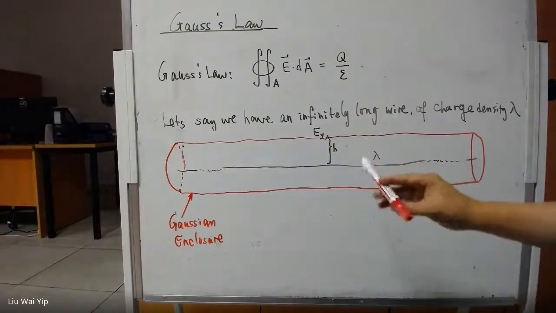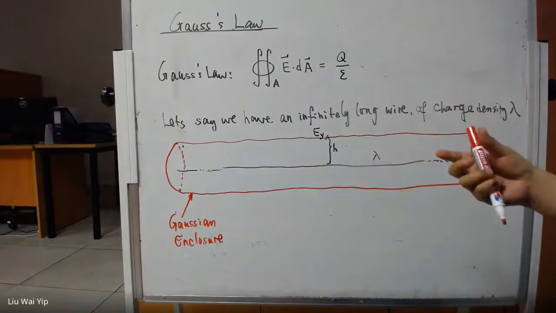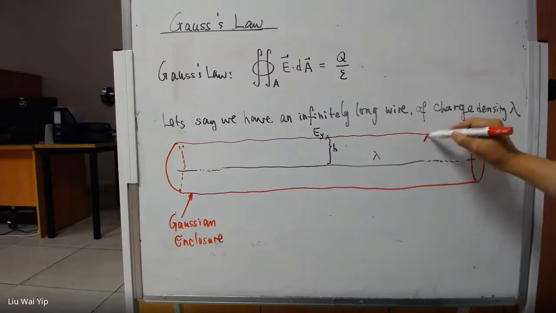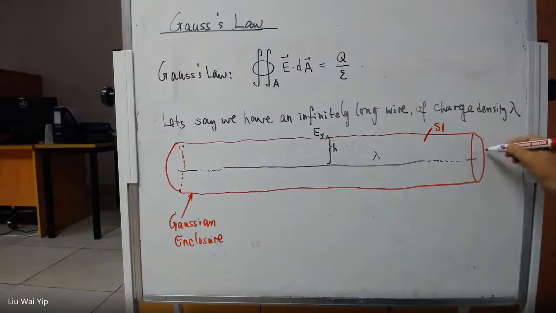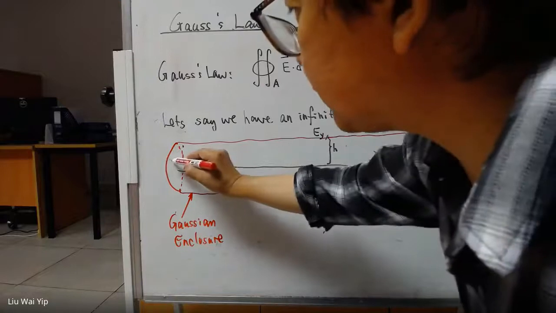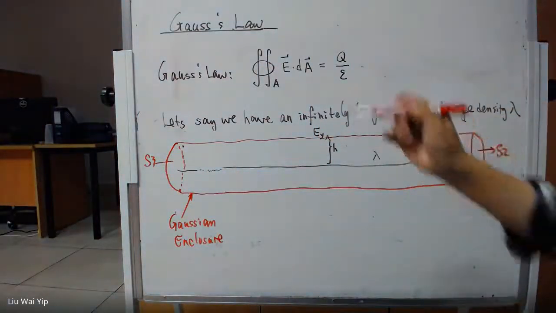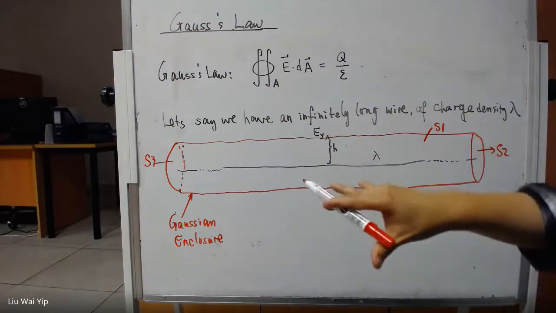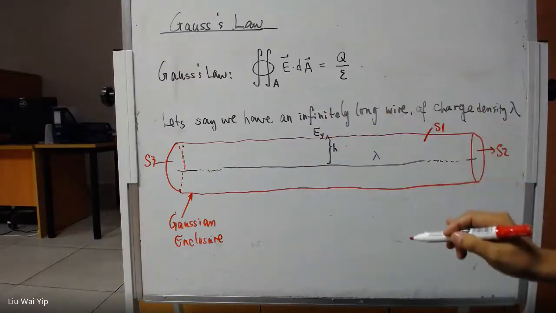So first of all, in this Gaussian enclosure, which is a cylinder, we have three surfaces. The first surface is S1, and we have the lateral surface, which is a flat surface, right? Say this is S2, and we have the same in S3. So in fairness, you need to find the electric field all over this closed surface of this Gaussian enclosure.